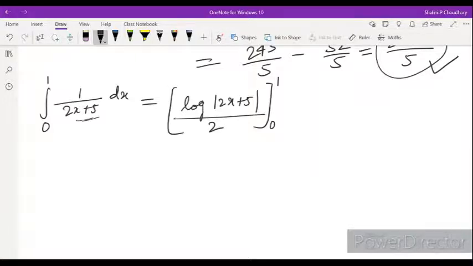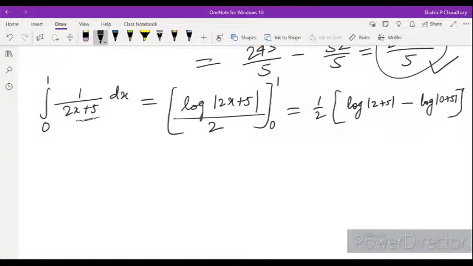So it will be 1 upon 2, we take outside, then log of 2 plus 5 minus log of 0 plus 5, because the value of x we will write 0.